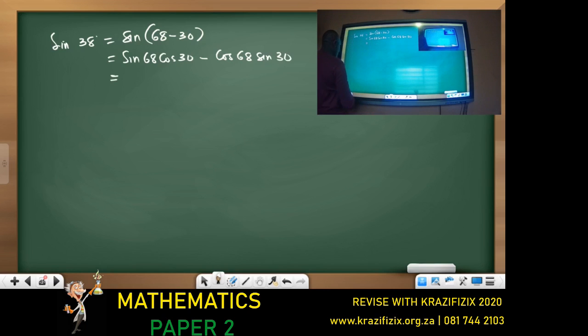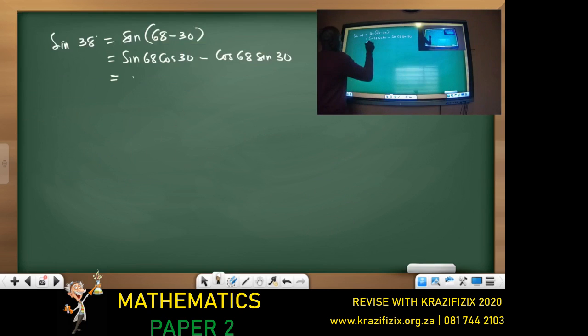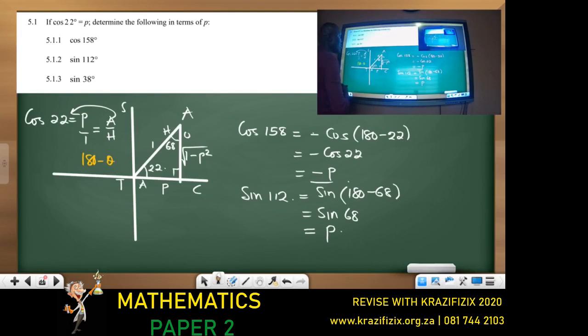Now, what is sine 68? Sine 68 is p. We're going to try this in different ways. And cos 30 is root 3 over 2, minus, what is cos 68? If I'm using 68, adjacent would be the square root of 1 minus p squared.